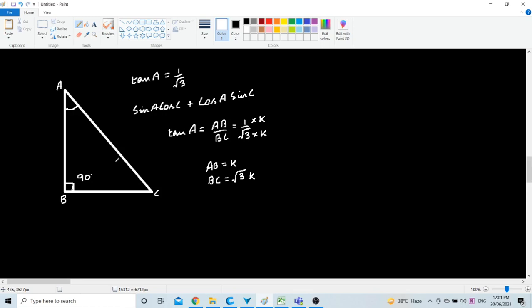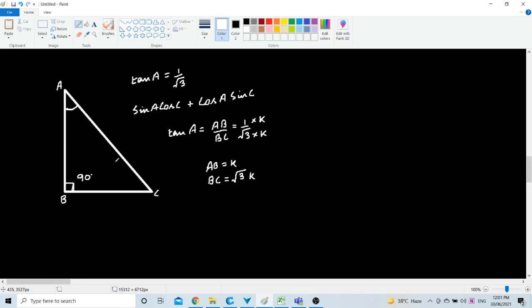And what should be the value of AC? This is equal to under root k square plus 3k square, under root 4k square, and that's equal to 2k.